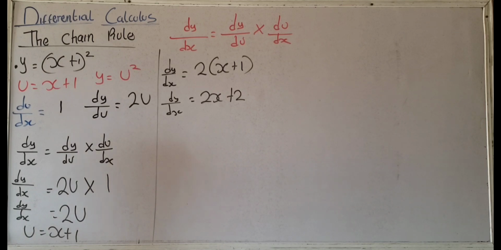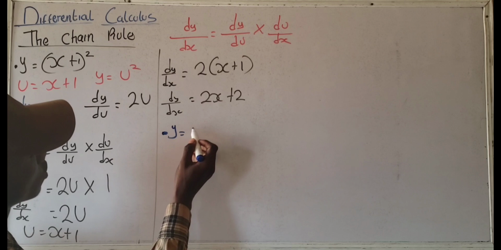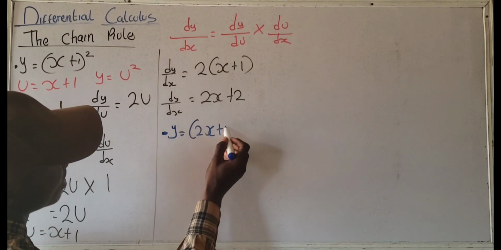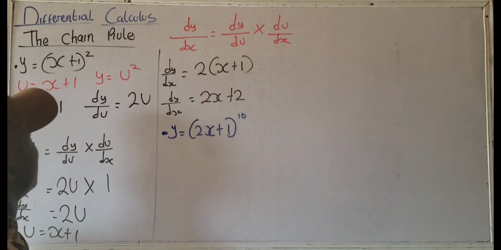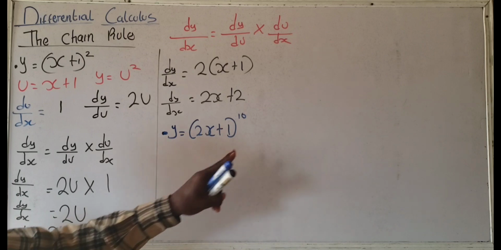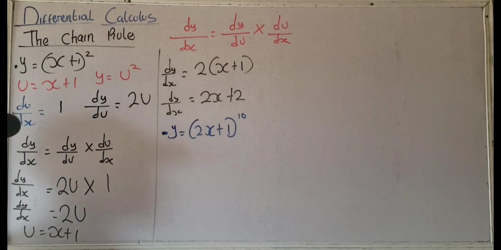Now, you can see that this is a bit simple. Let's have a more complex example compared to the first one. Let's say you are asked to differentiate y equals (2x plus 1) raised to the power of 10. Now, you can see that you cannot easily expand this. So, the best approach is to use the chain rule formula.